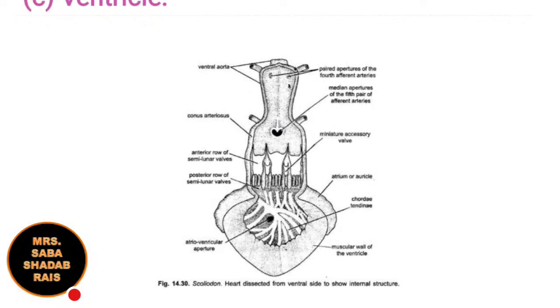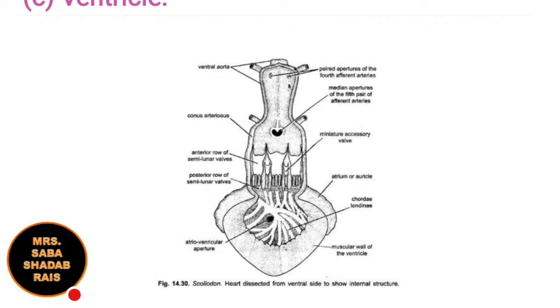Usually the ventricle is a distributing chamber. It distributes the blood. From the ventricle, where is the blood going? Again, I told you that this is a venous heart, so all parts will contain only deoxygenated blood.